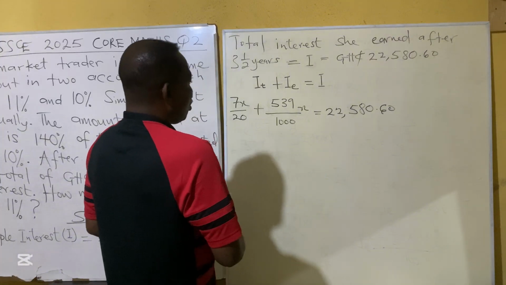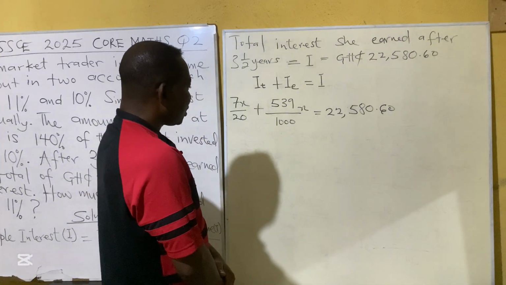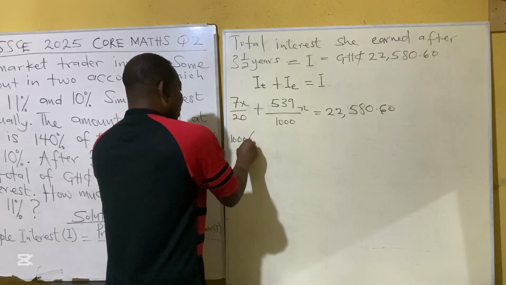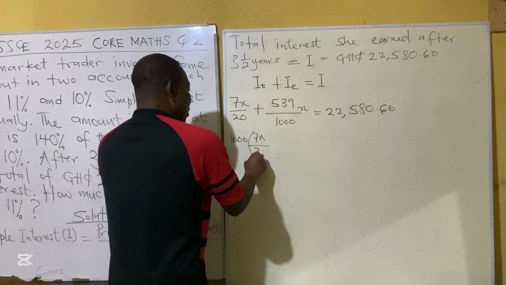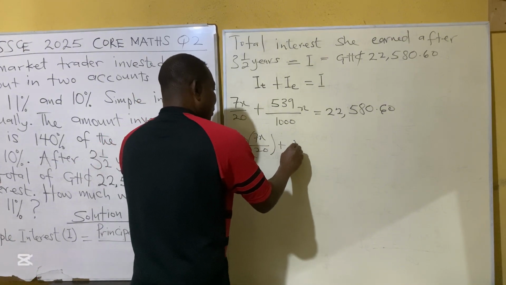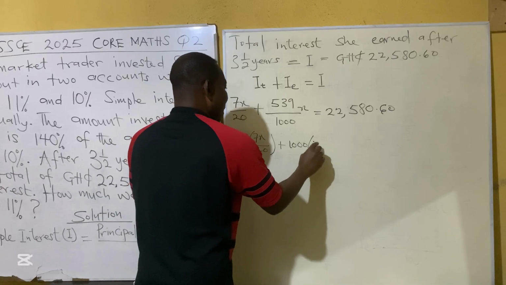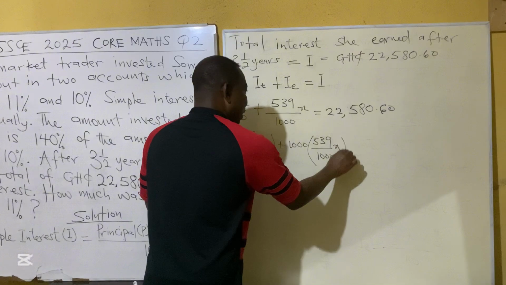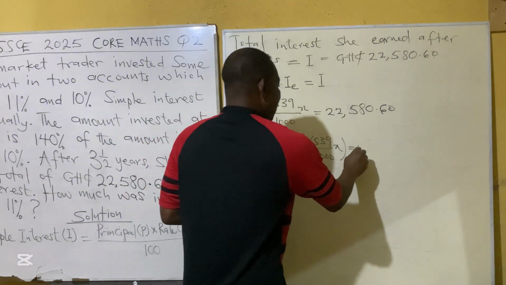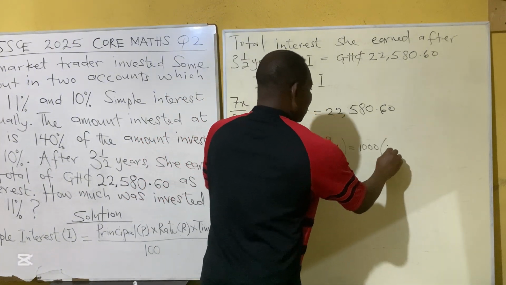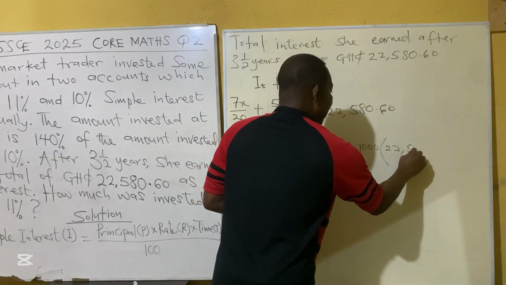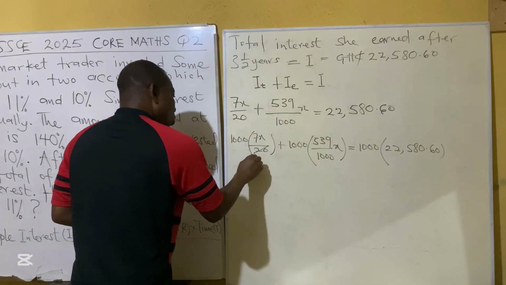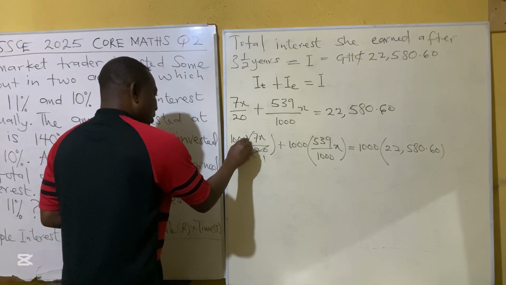Let's multiply through by the LCM of the denominators, which is 1000. So it becomes 1000 times 7x over 20 plus 1000 times 539x over 1000 is equal to 1000 times 22,580.60.